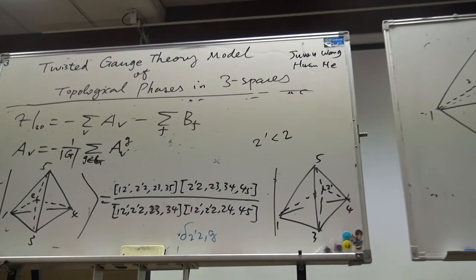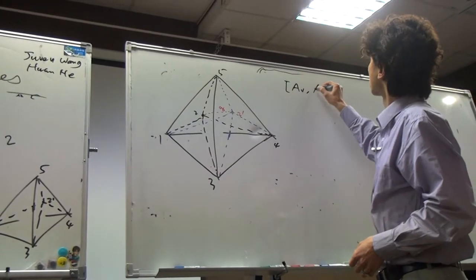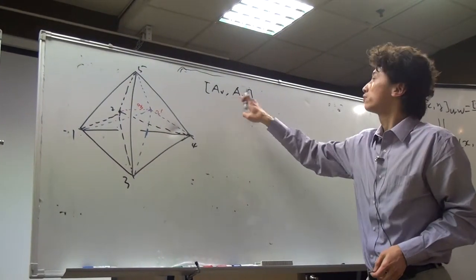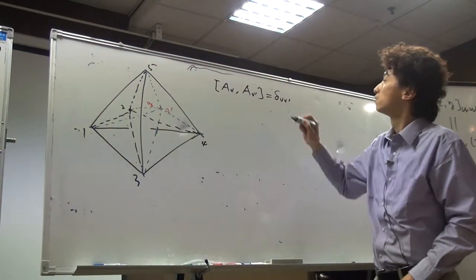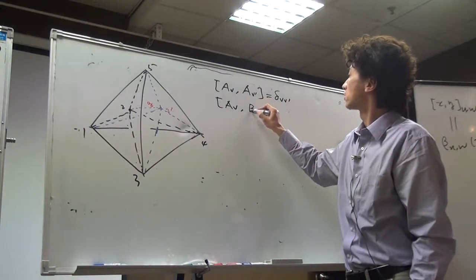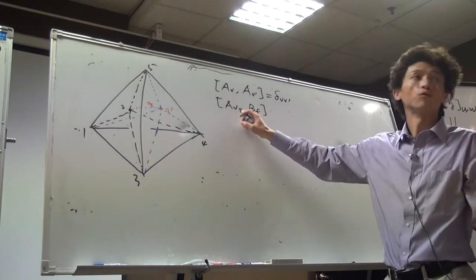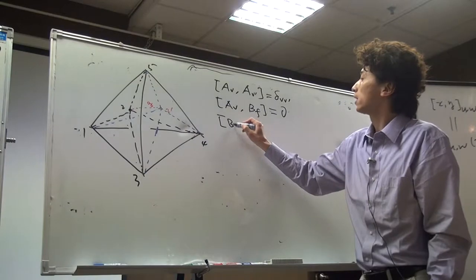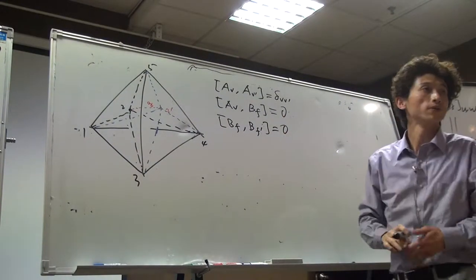Interestingly, it's not hard to show that these vertex operators commute with each other, if V and V prime are different. And all the vertex operators commute with the phase operators, and it doesn't matter where V is located. So this is 0. And any 2 phase operators also commute.